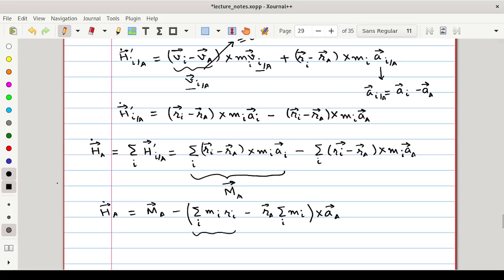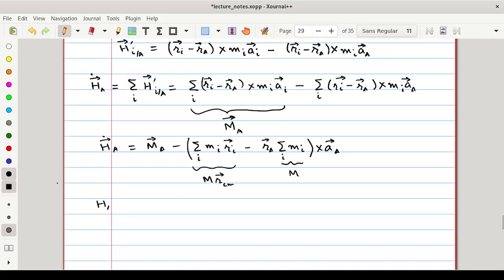Now this quantity is, from the definition of center of mass, equal to m rCM, and this is the total mass m.